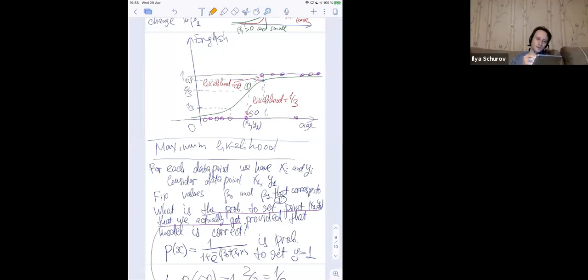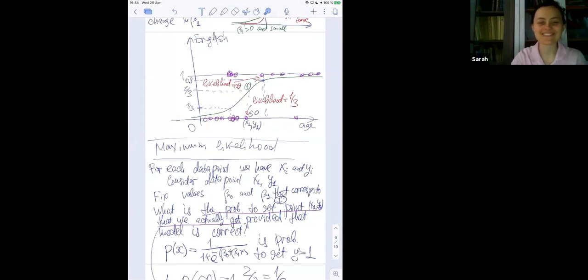Okay, but fine. Then you have points here and points here. Then you just pick this point, count the likelihood for this point. You pick another point, count the likelihood for that point in the same way, and then multiply everything. Okay. Thank you.